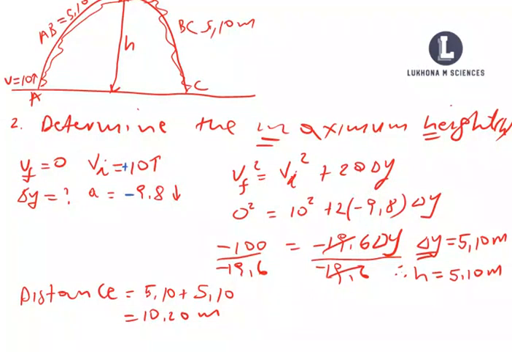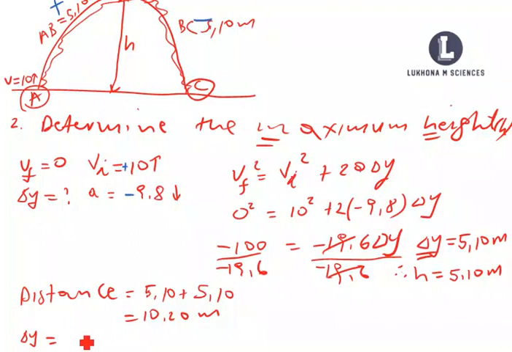Then if they ask for the displacement of the ball from A to C, remember now we're talking about the displacement. So displacement is delta y. That is the displacement, which means we have to choose the direction, take up as positive. So this one will be positive, then this one is negative, so you combine them.